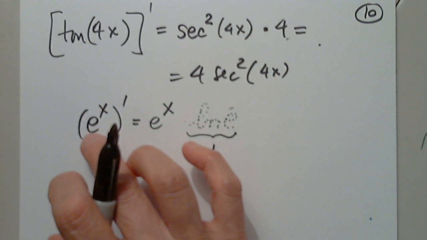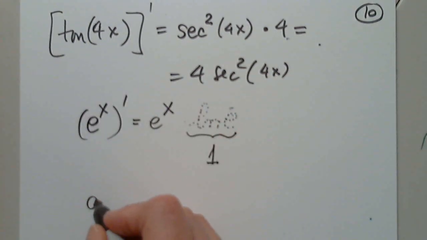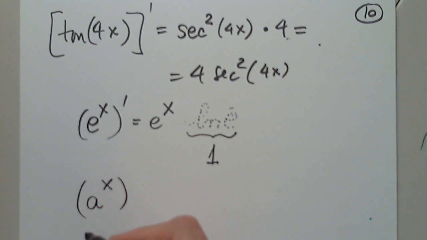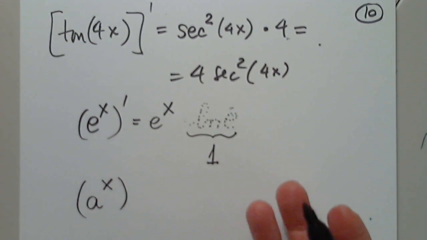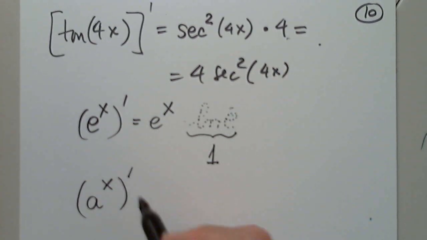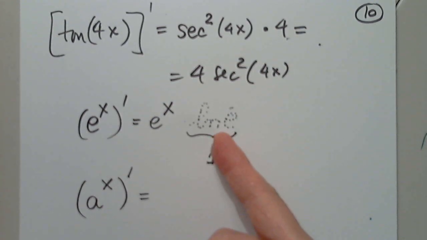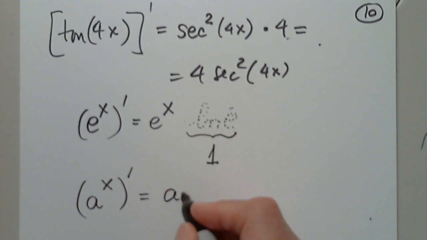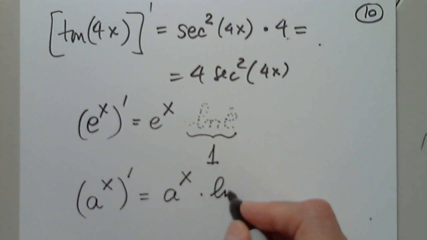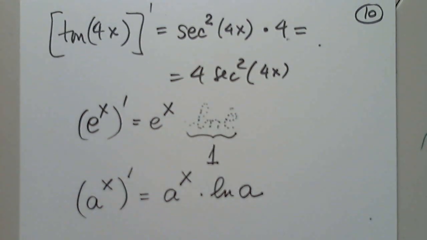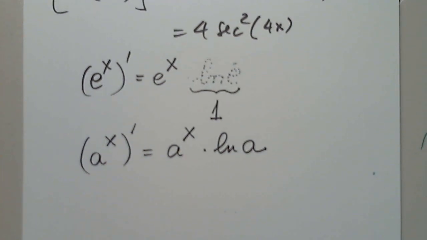But if the base is not e, but it's something like 5 or 3 or 10, then we do have to write this. It will be a to x times natural log a, because that is no longer 1.